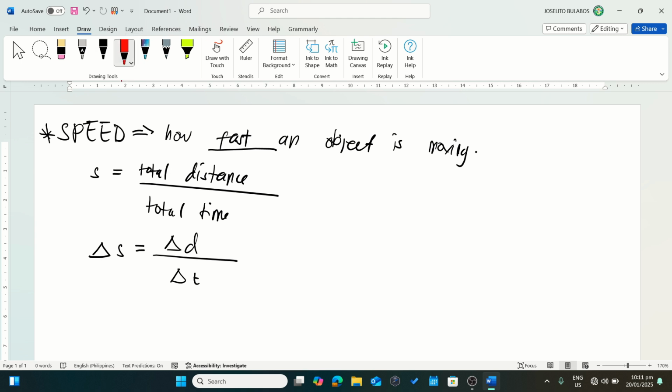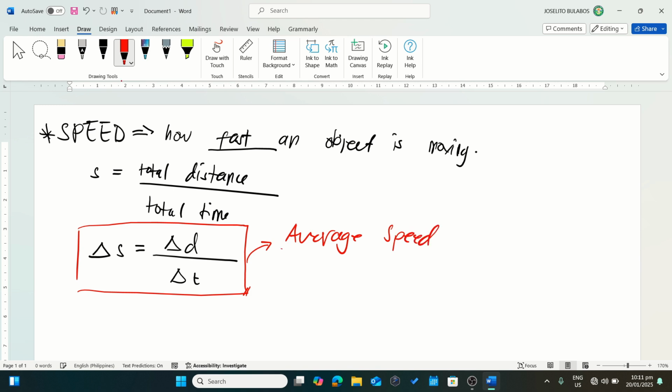So this will be our equation in solving for average speed. So average speed can be found by simply determining the change in the position of the object over the change in time. So this is change in position over the change in time, and that should be our average speed.